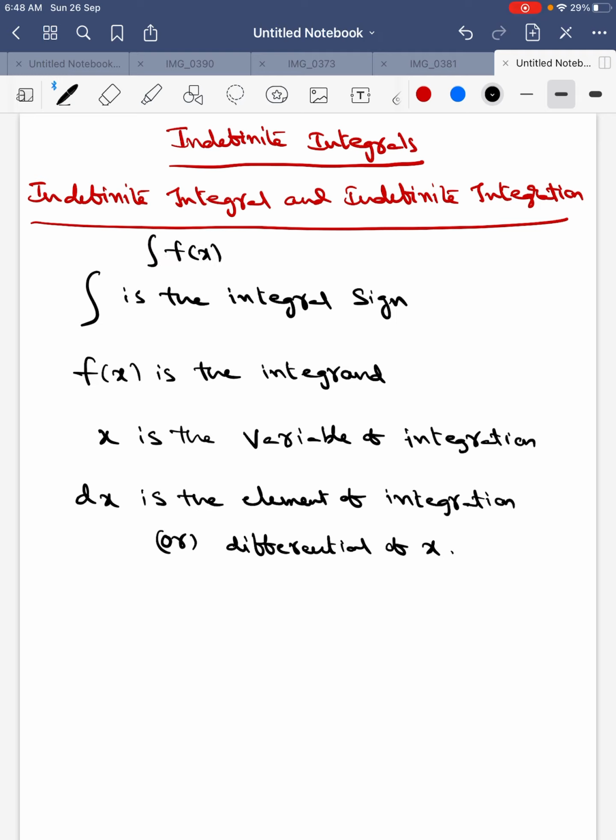Integral f of x dx is equal to phi of x plus c.